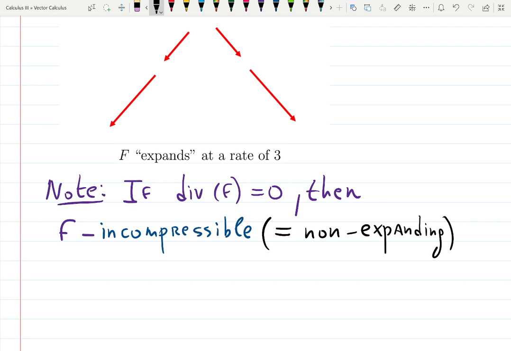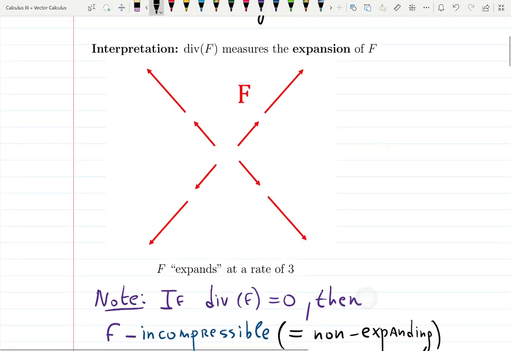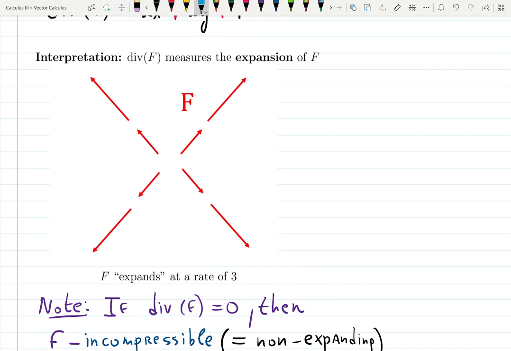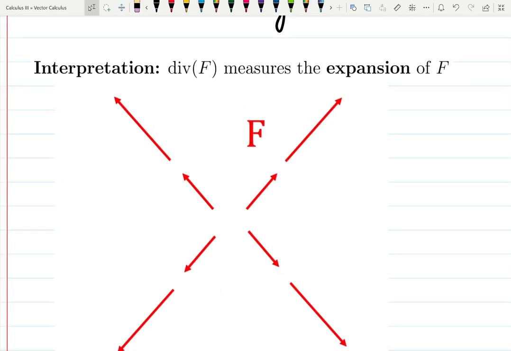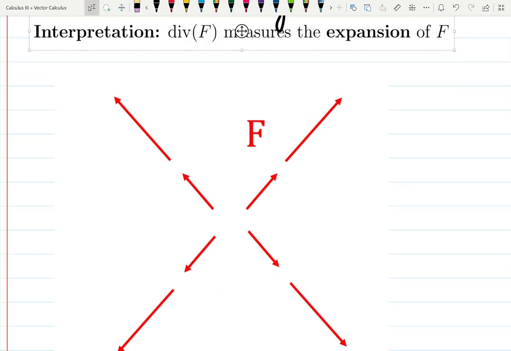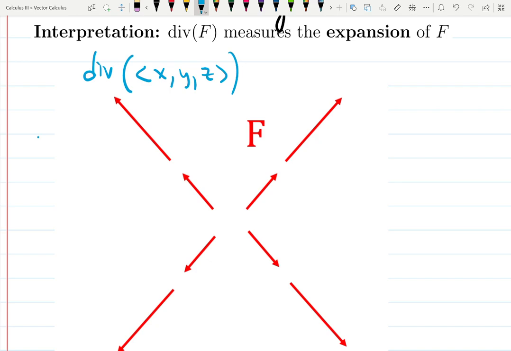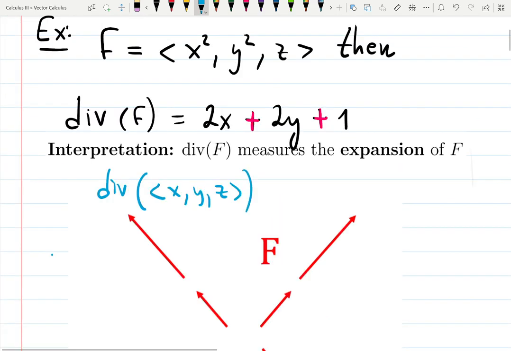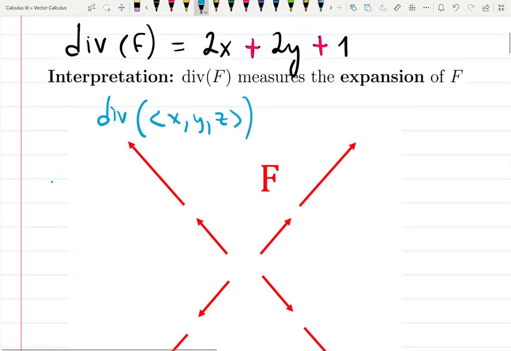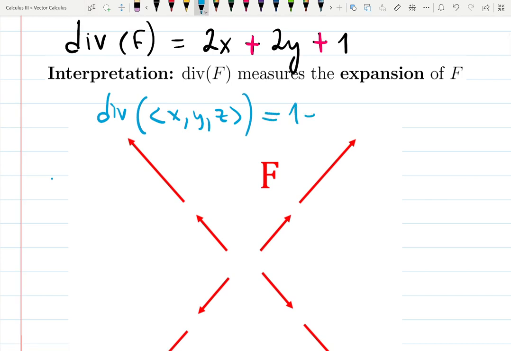Well, then we decided to introduce one more thing outside of this example, which had a number actually, so let's write down. Sketch this graph. Interpretation. Divergence F means expansion. For this graph, there's an example which is the divergence of some vector x, y, and z, which is also P, Q, and R. For example, it was 1 plus 1 plus 1.